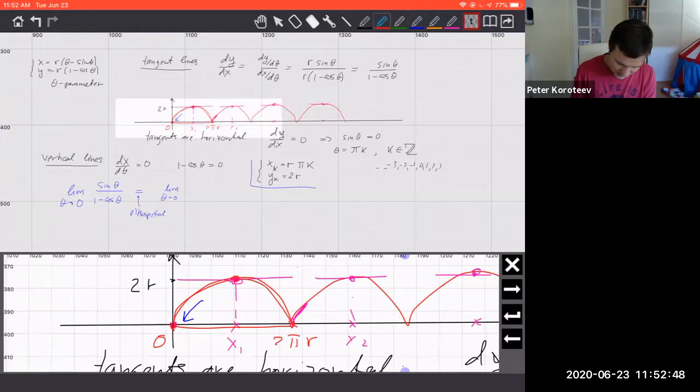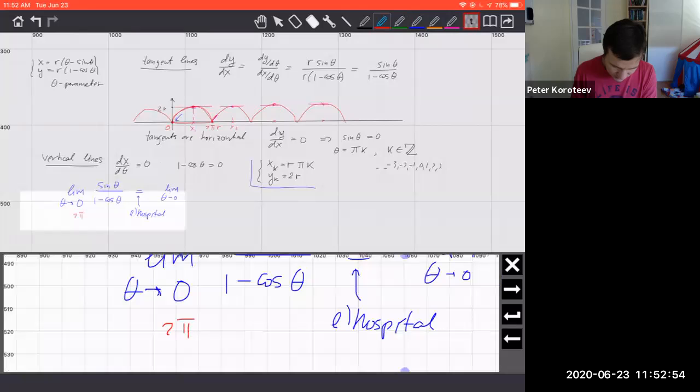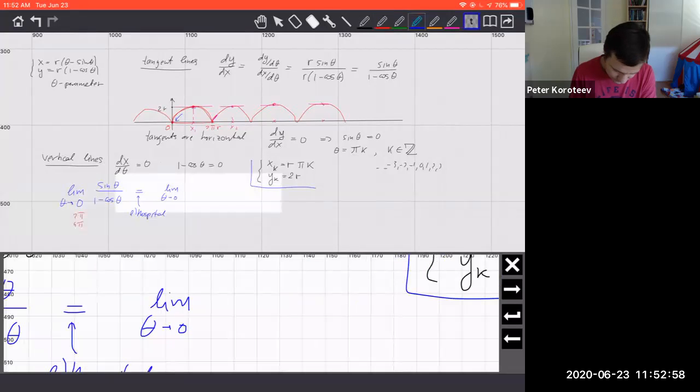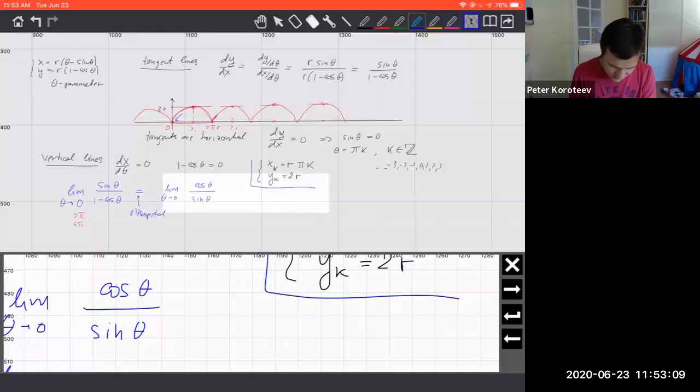But of course, you can periodically continue to the left, so it doesn't matter. Instead of 0, you can put 2 pi or 4 pi or any integer multiple of pi. So as theta approaches 0, the derivative is cosine theta divided by sine theta. And this is equal to what?